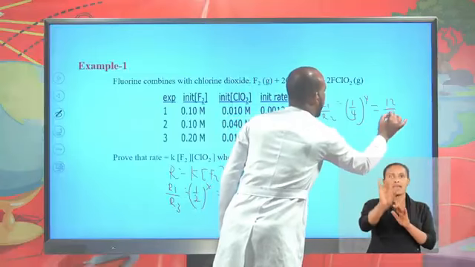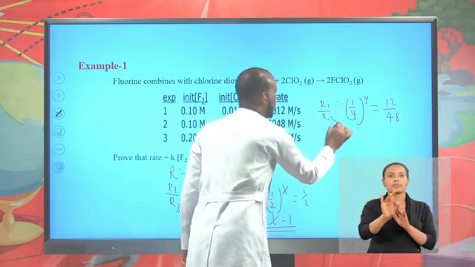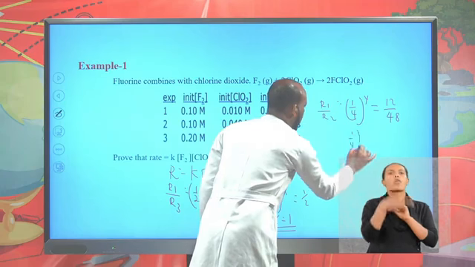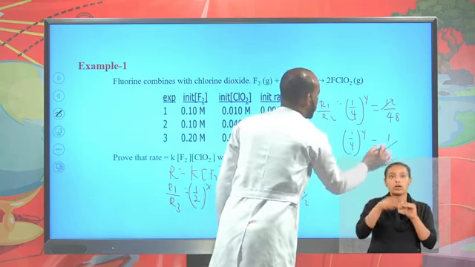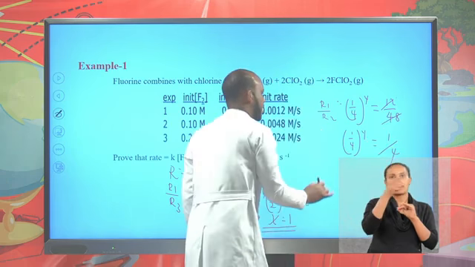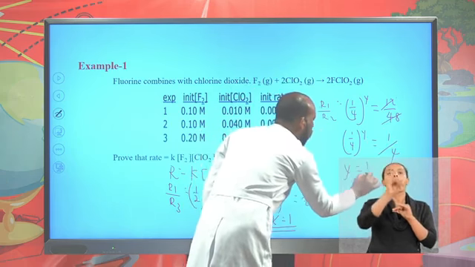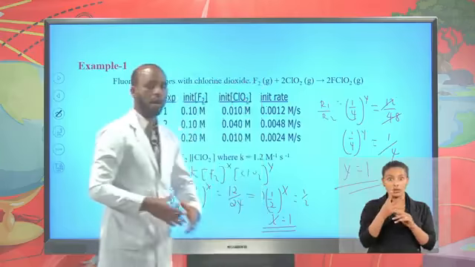This is the same as 1 over 4 to the power Y equals 12 over 48, which is 1 over 4. Again from this, Y equals 1.